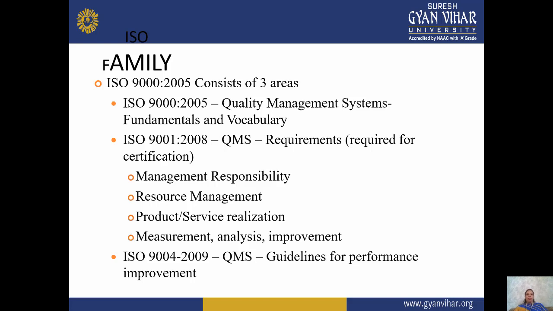Then ISO 9001:2008 QMS, requirements required for certification: Management Responsibility, Resource Management, Product and Services Realization, then measurement, analysis and improvement. ISO 9004:2009 gives the QMS guidelines for performance and improvement. So in the ISO series, different parts, different things are explained.